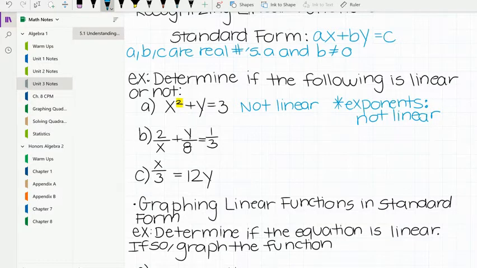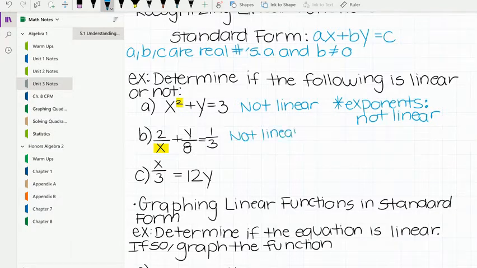The next equation, we have 2 over x plus y over 8 equals 1/3. If we have something like y over 8, we could also write that as 1/8 y, right? So we have 1/8 of a y. But 2 over x, we really can't write that in any other way. Anytime you have a variable in the denominator, it's also not linear.